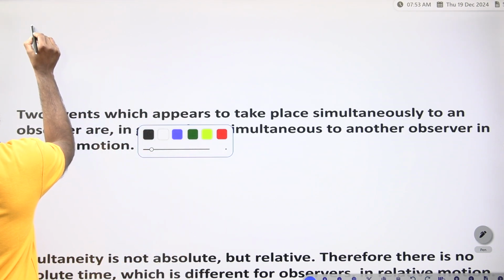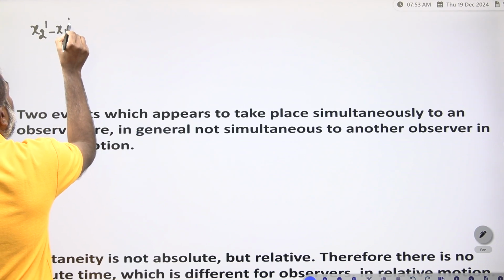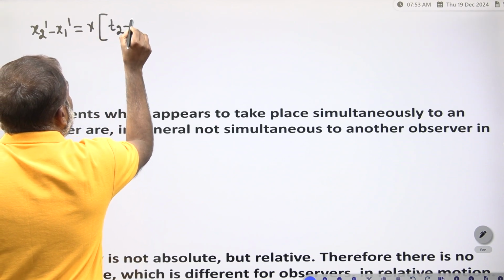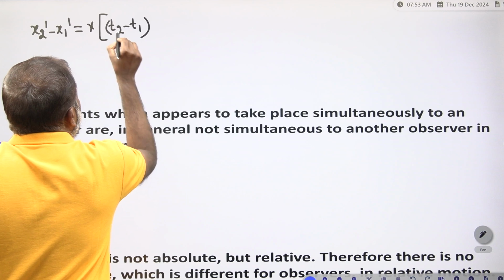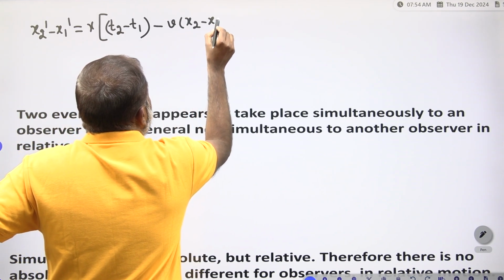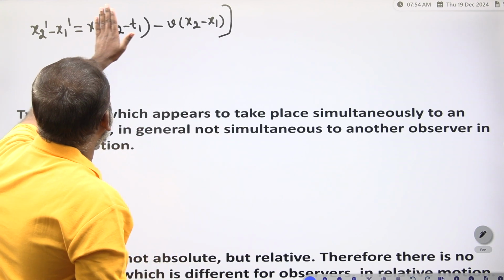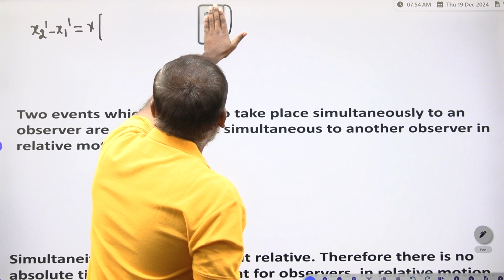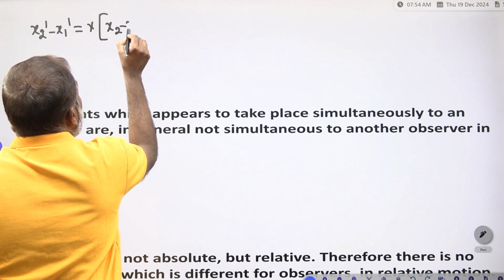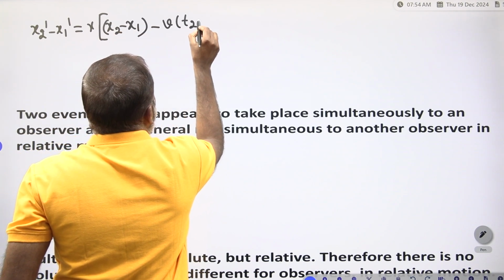What are the expressions? x2 dash minus x1 dash is equal to gamma into (x2 minus x1 minus v into (t2 minus t1)).